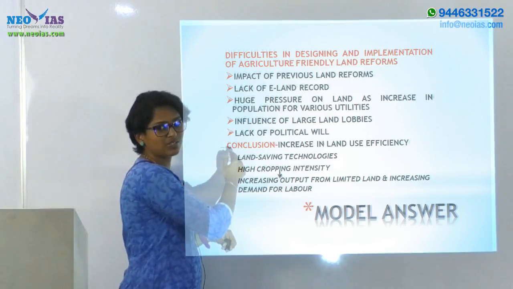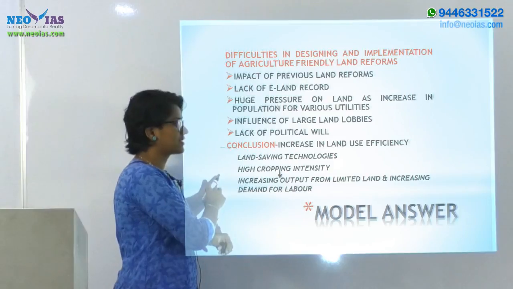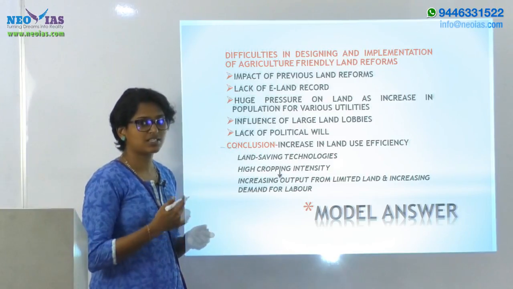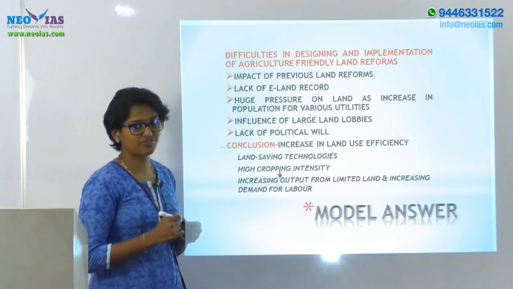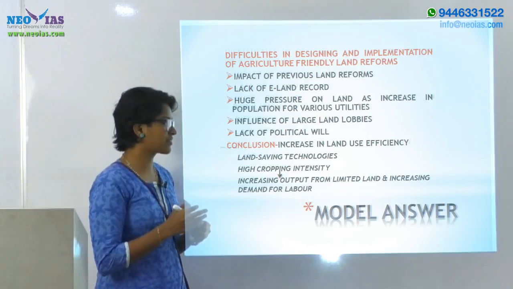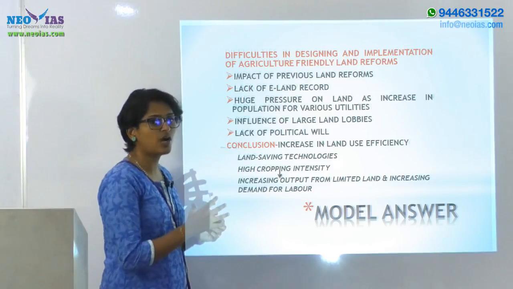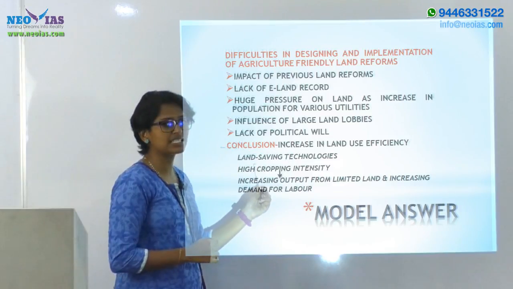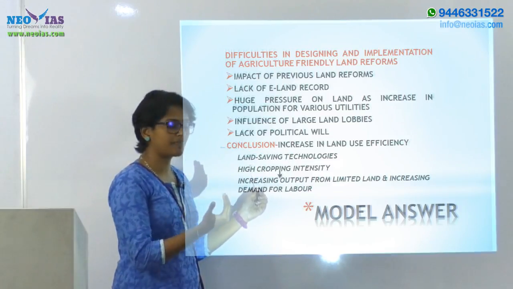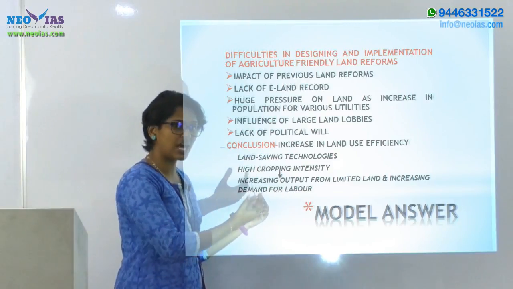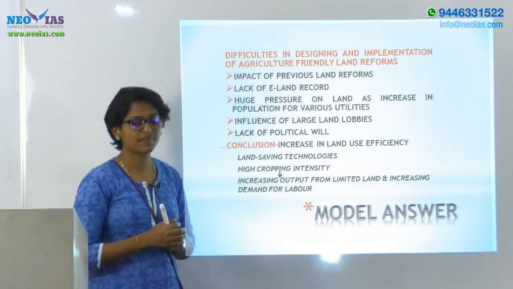Now we need to conclude the answer. Here we can suggest that along with implementing agriculture friendly land reforms, we also need to focus on increasing land use efficiency by making use of land saving technologies and bringing in high cropping intensity.